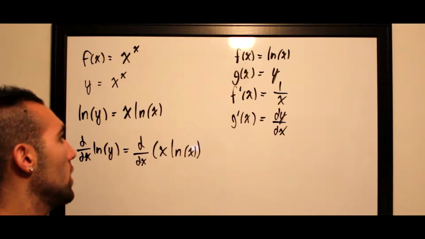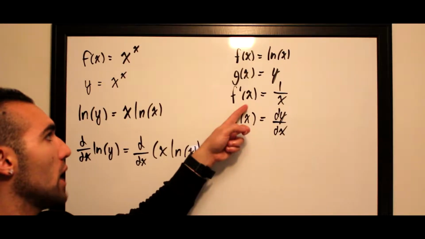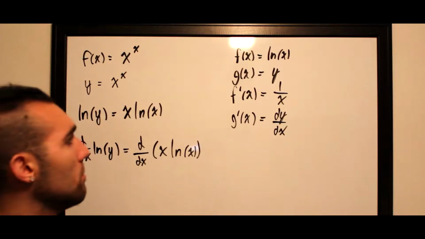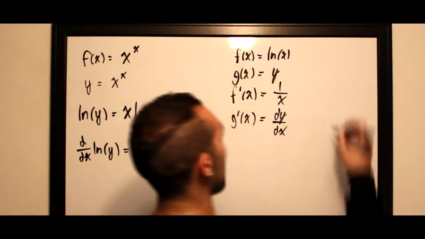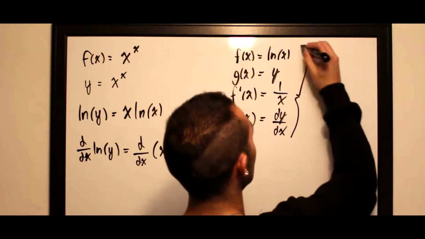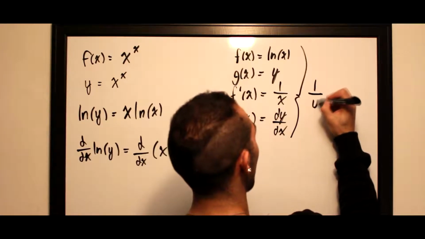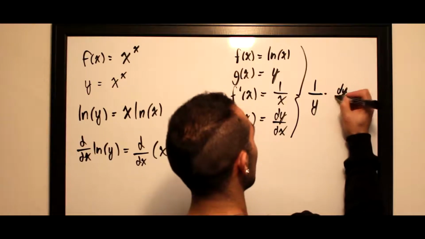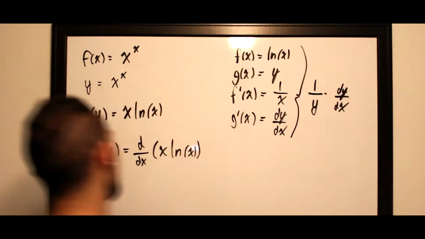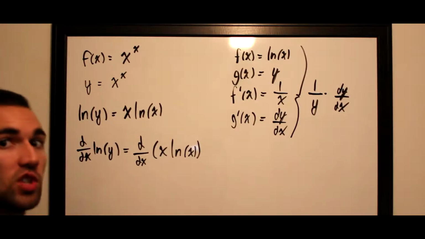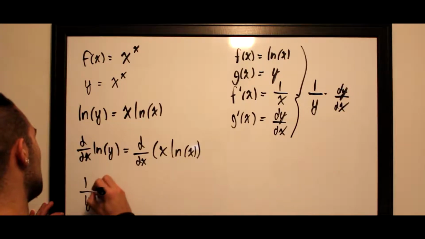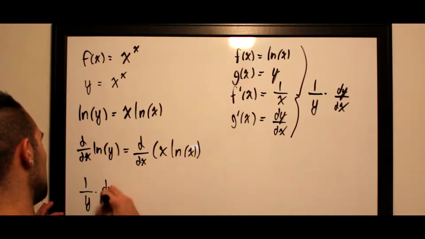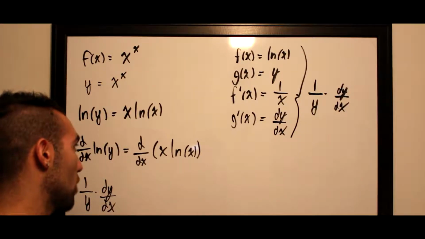So we're going to use the chain rule, f prime composed of g times g prime. So this will be 1 over y multiplied by dy by dx. That is essentially what this side of the equation is going to look like, which we will eventually be solving for.